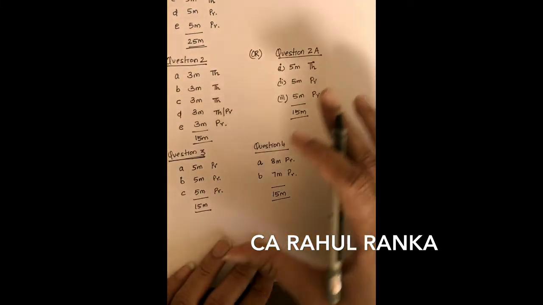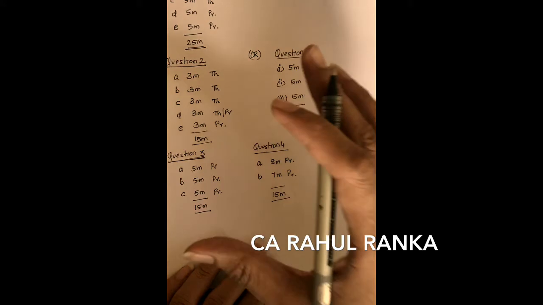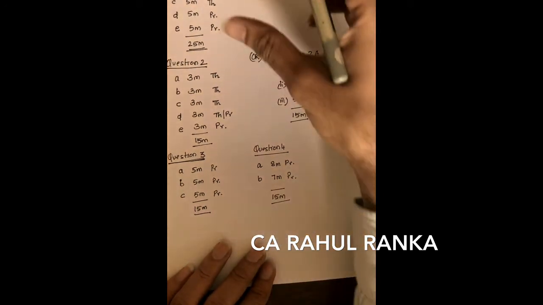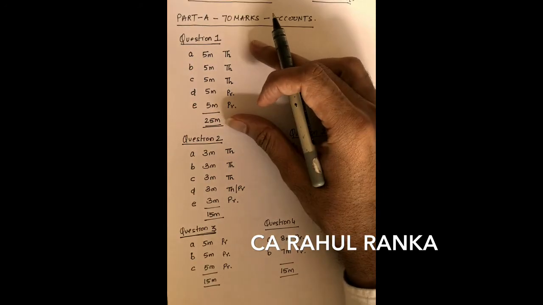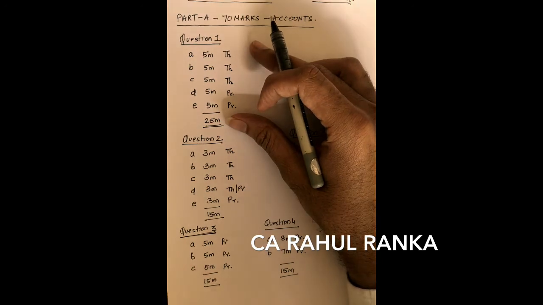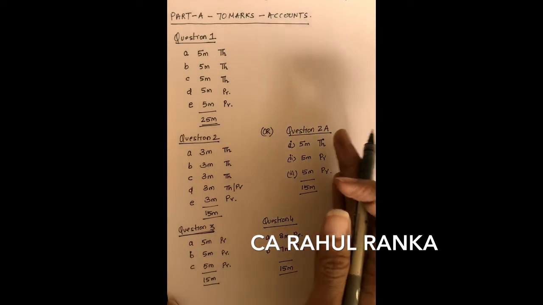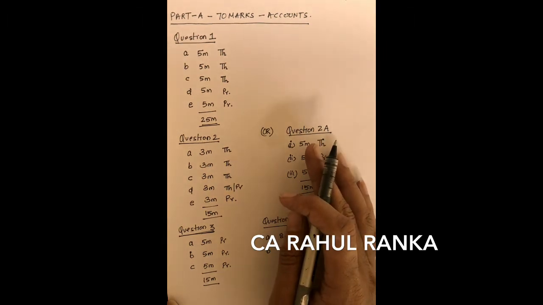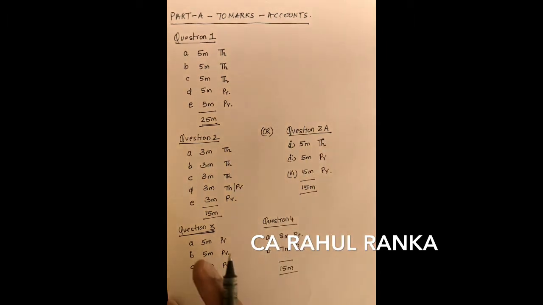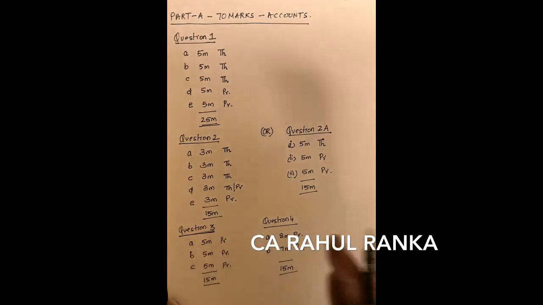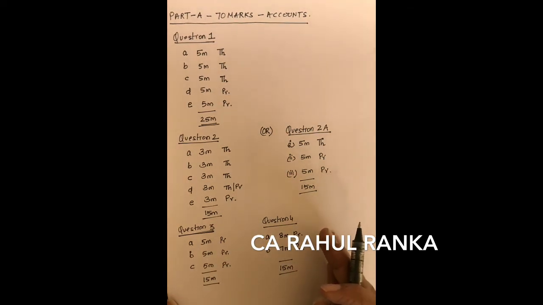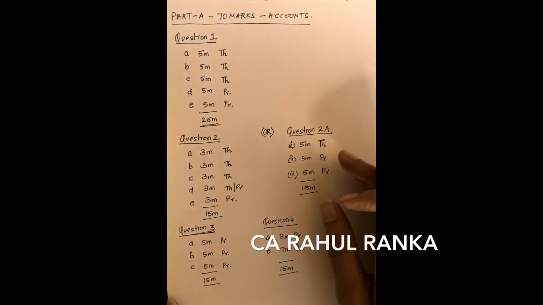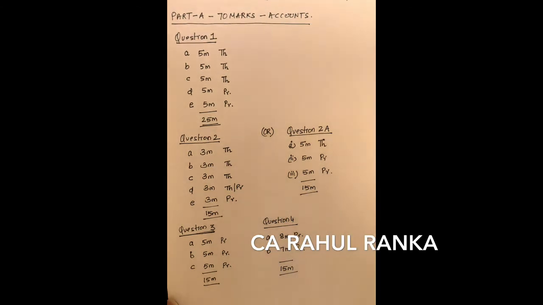So this is about part A, the accounts, where you have question number 1 of 25 marks, then 2 or 2A, either one, giving you 15 marks, question number 3, 15 marks, and question number 4, 15 marks. So that gives you a total of 70 marks.